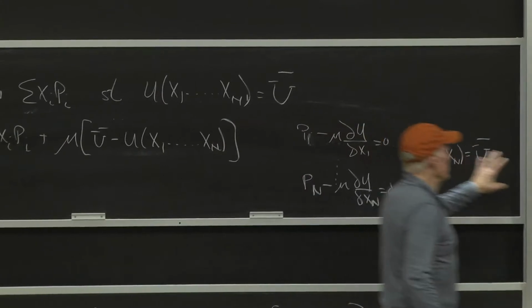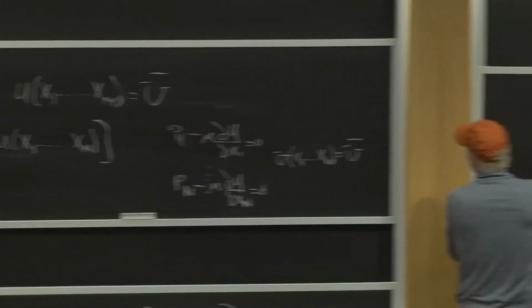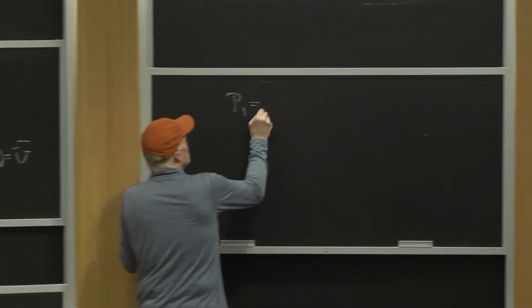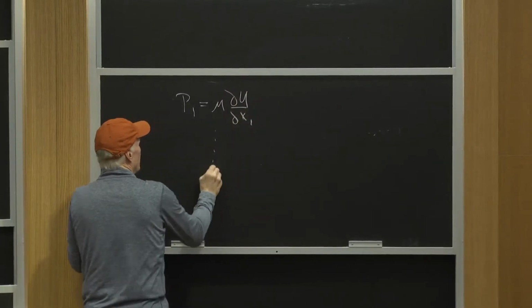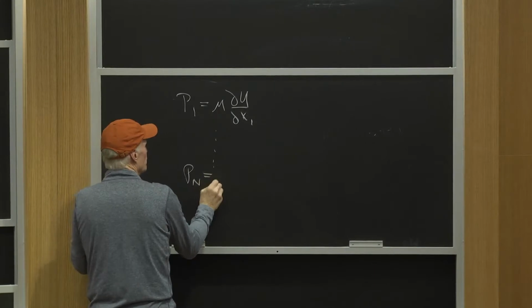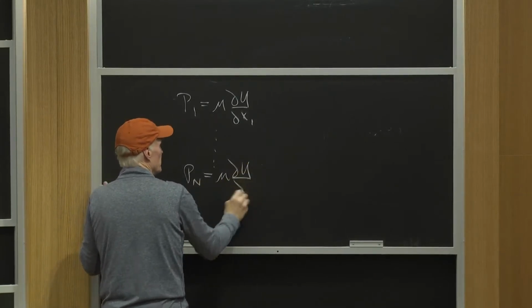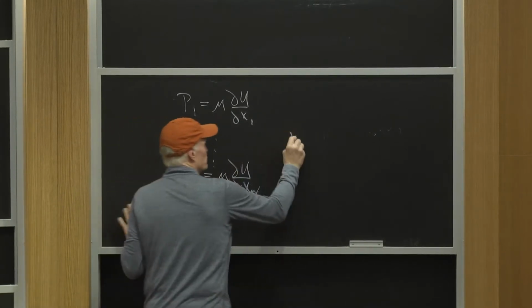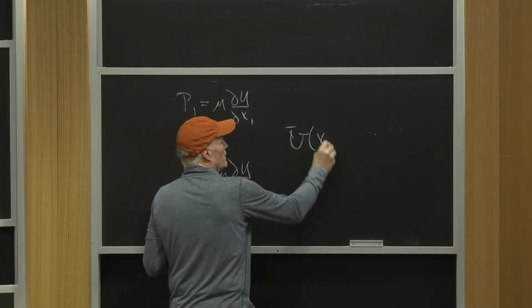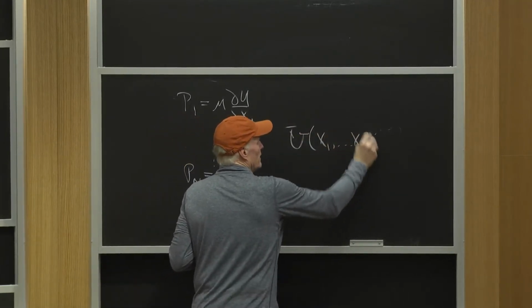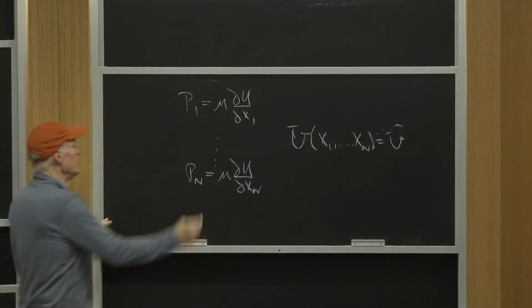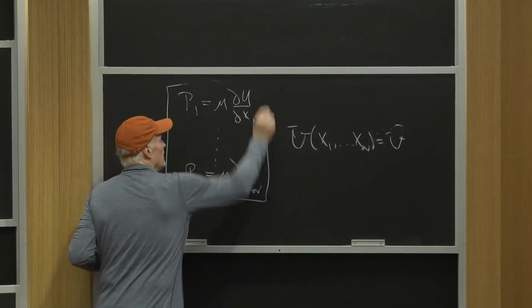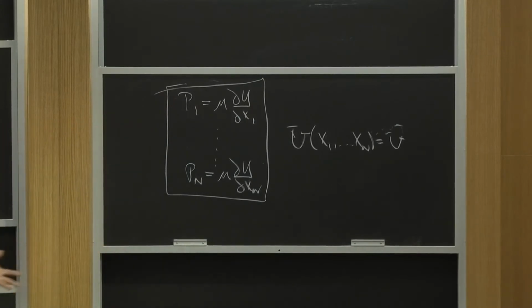Now, I can rearrange these to be p1 equals mu partial u partial x1, down to pn equals mu partial u partial xn, and of course just that same constraint, u of x1 up to xn equals u bar. Now, the thing to recognize is that these n equations are exactly the same ones I had before.